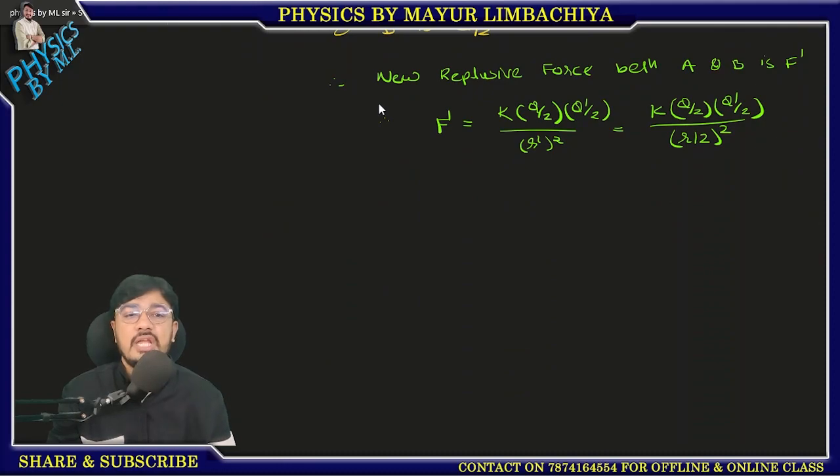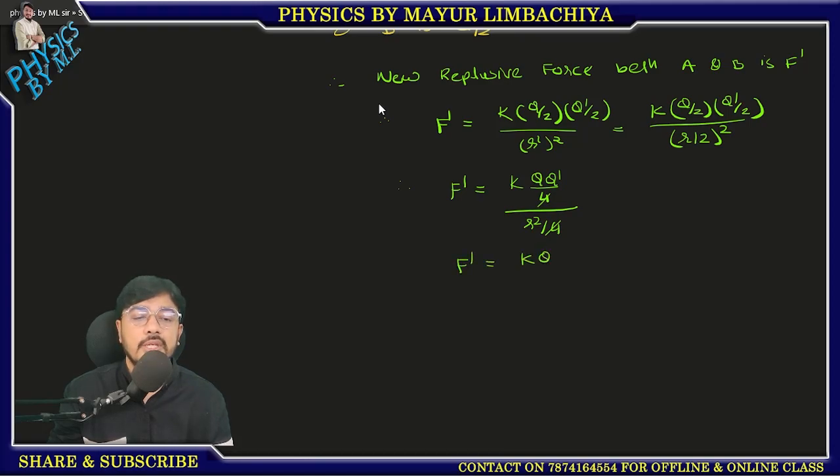Now I just have to do the simplification. Then F dash will be k, Q by 2 and 2 will be 4. So can I write like this? k Q Q dash by 4 divided by R square by 4. The 4 gets cancelled. Therefore, F dash is equal to k Q Q dash by R square.